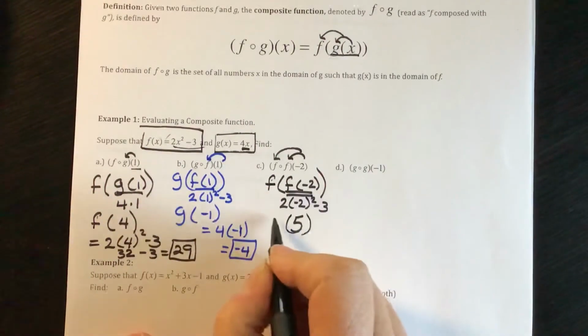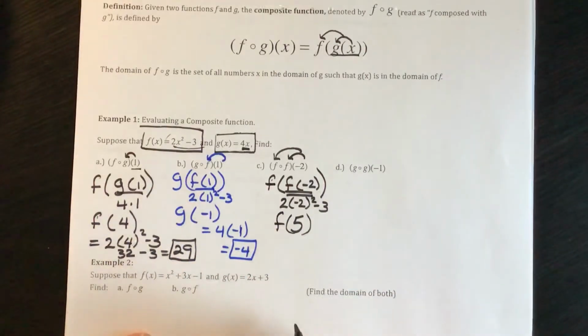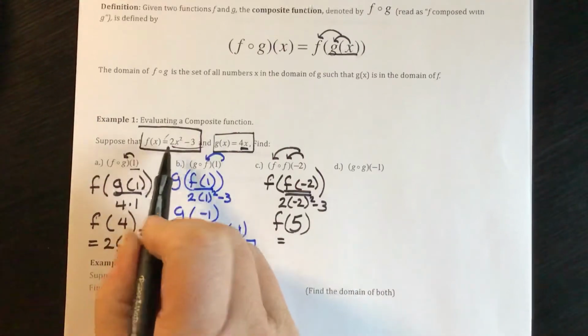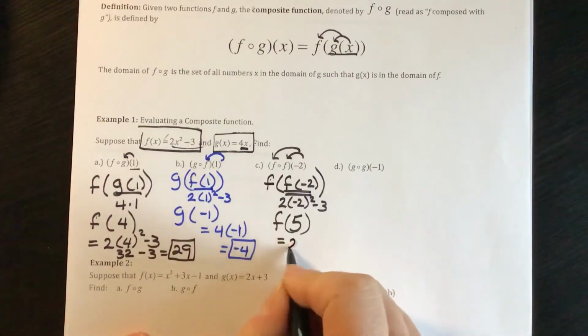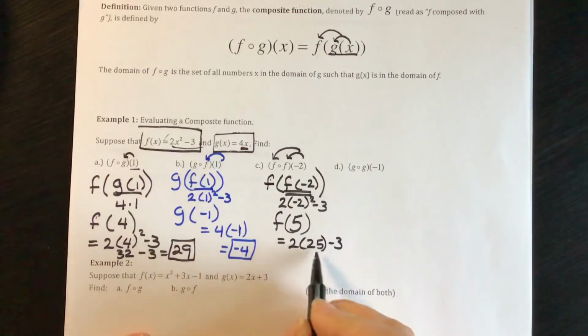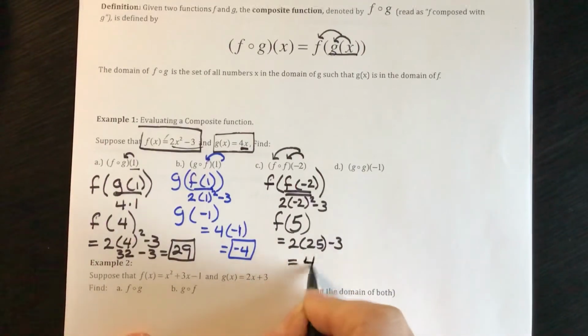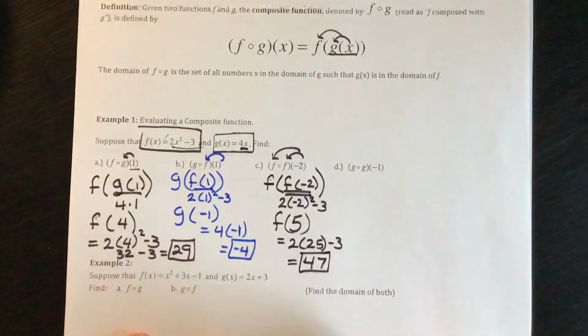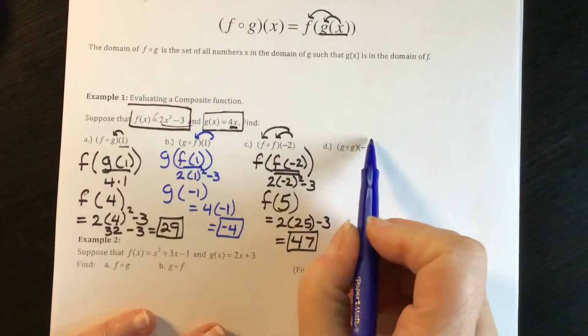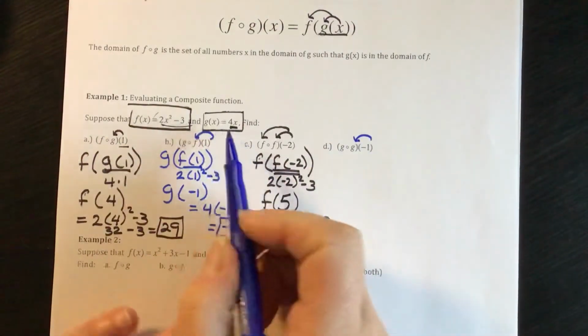Now I'm going to take 5 and plug it into the f function again. And I'm going to get 2 times 5 squared is 25, minus 3, so this is 50 minus 3 is 47. Now I've got the same concept, but I'm going with negative 1 into the g function.